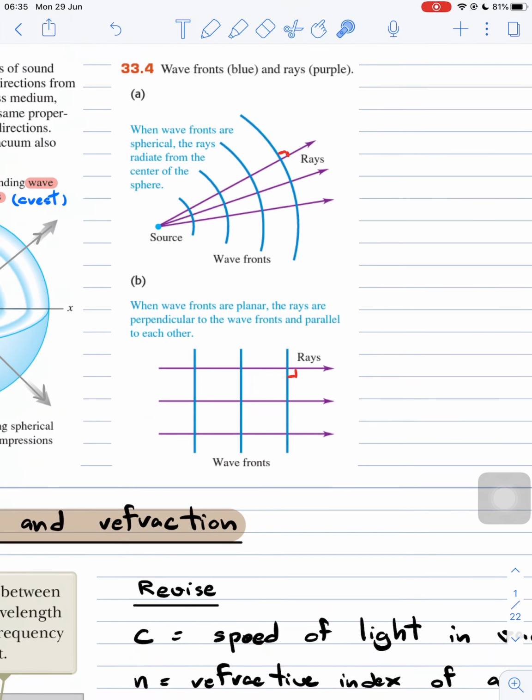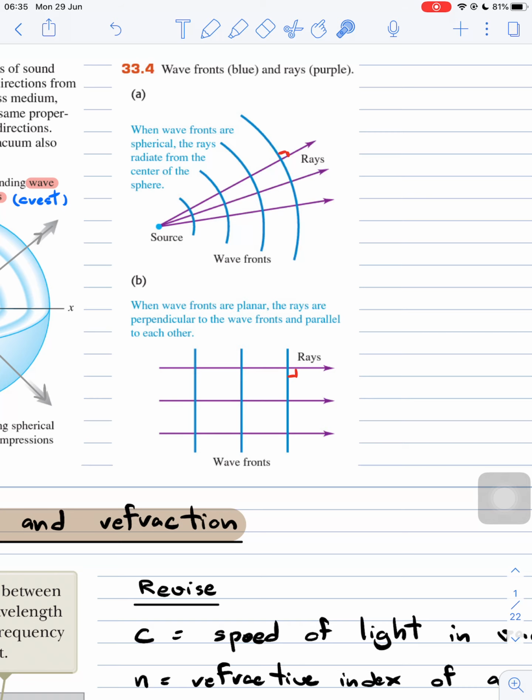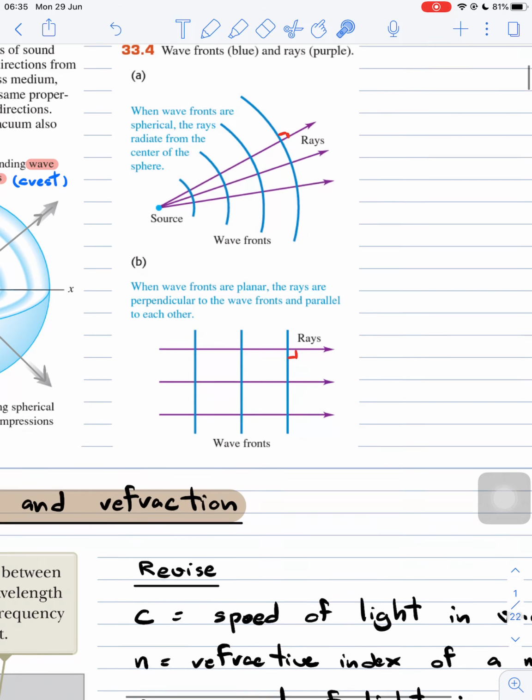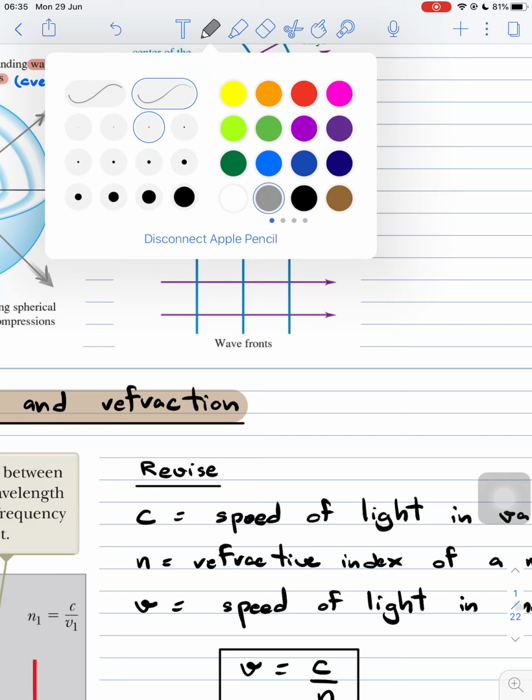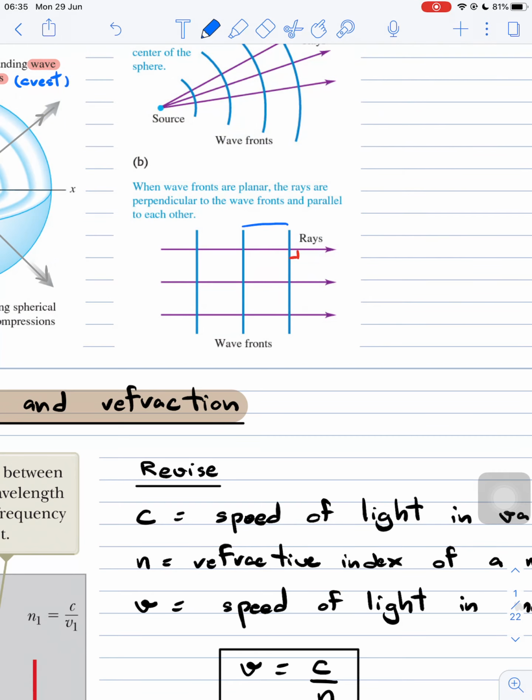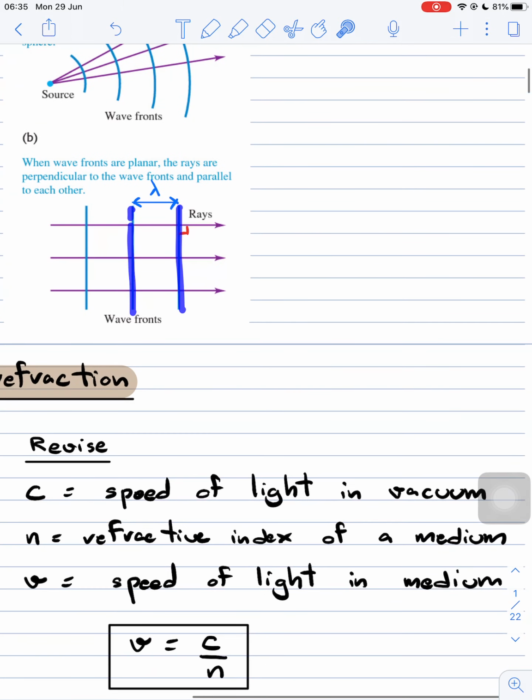One thing that you can notice from these pictures is that the distance from one wavefront to another wavefront is the wavelength of the electromagnetic wave, because the position of the wavefront is the crest.